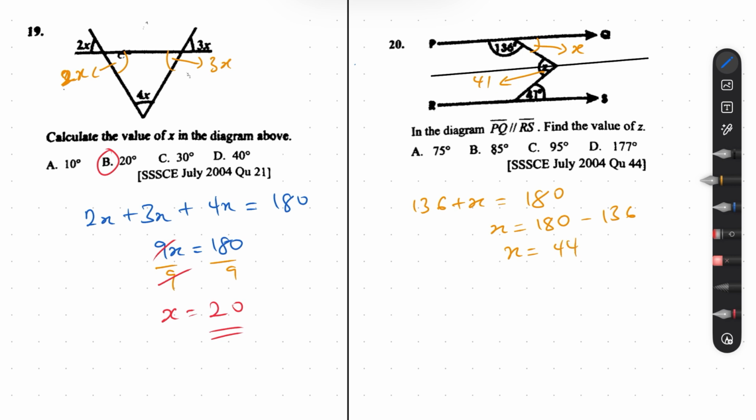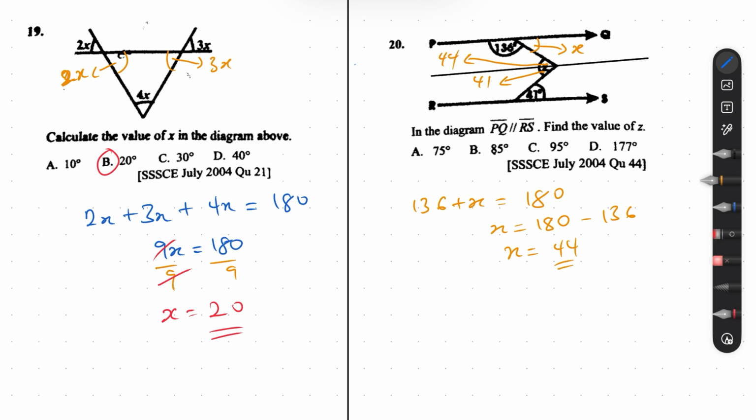Now that we know the value of X, we can find this angle also, because this is alternate. That means this X is the same as this angle over here. So that angle will also be 44.